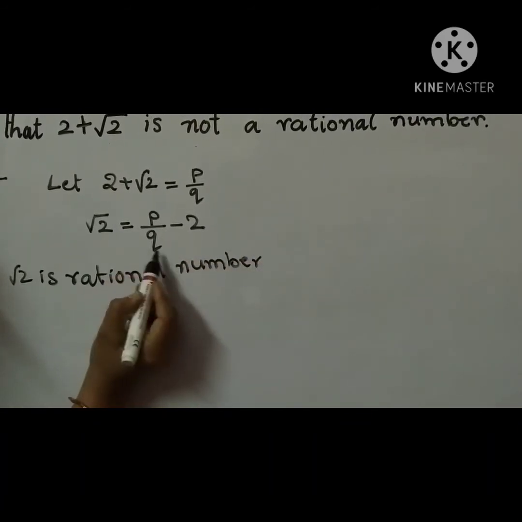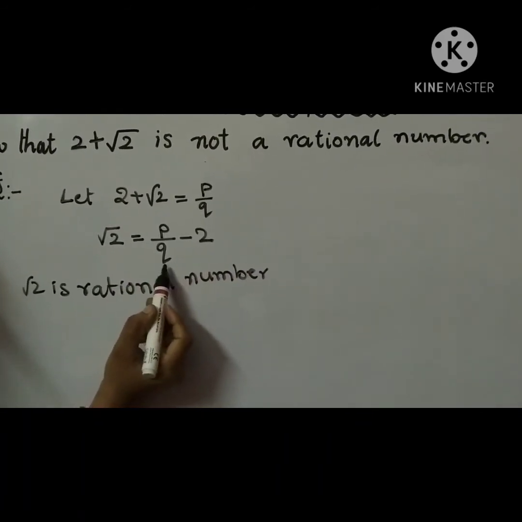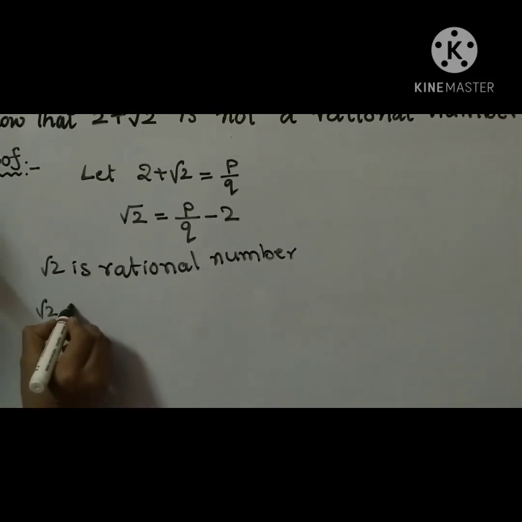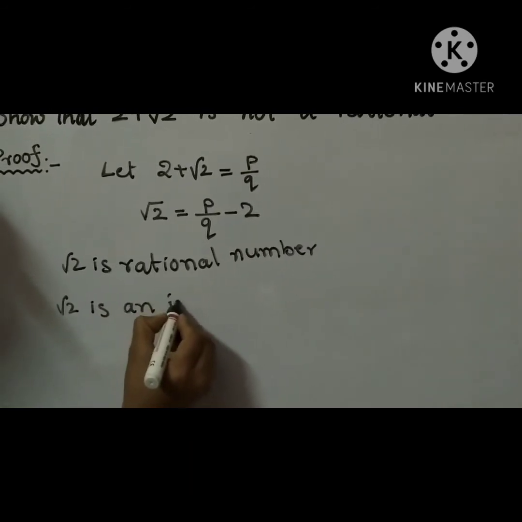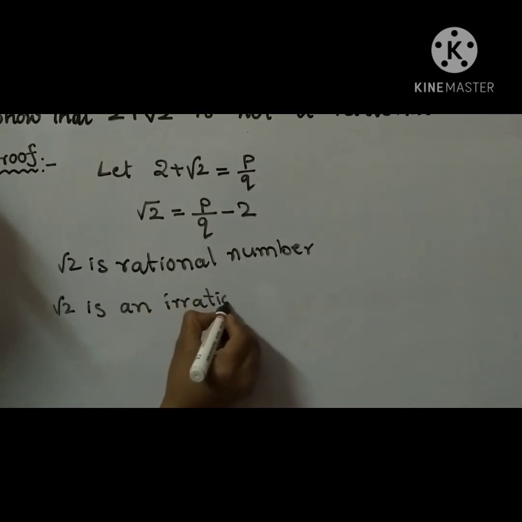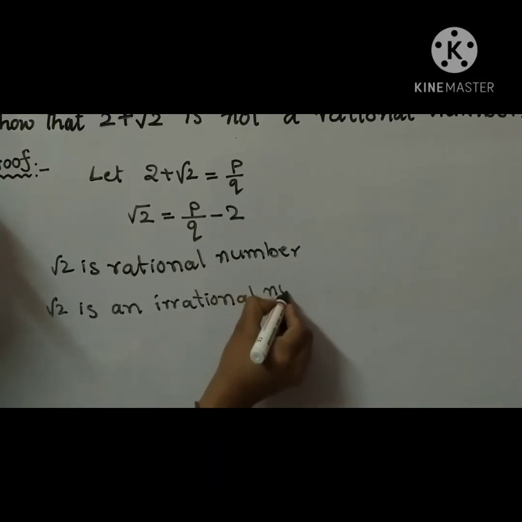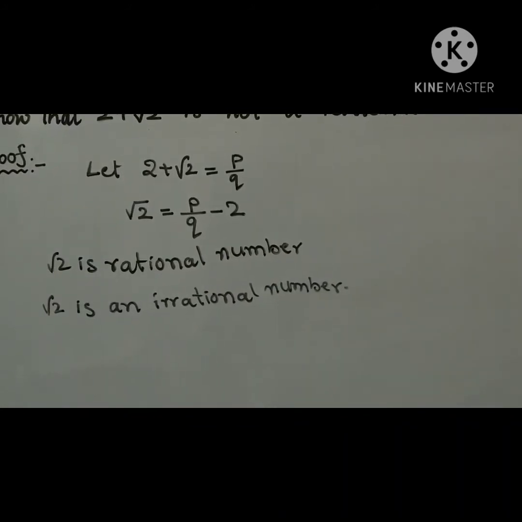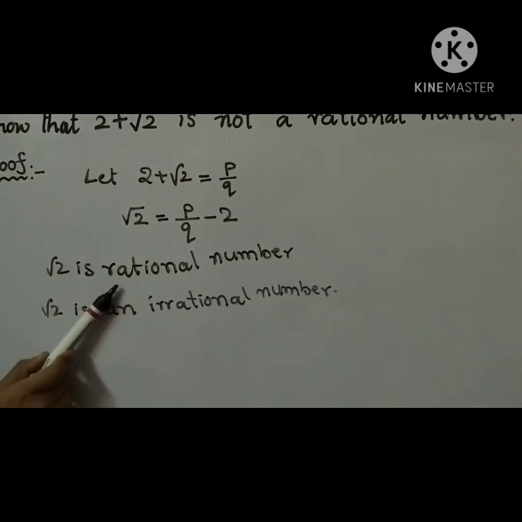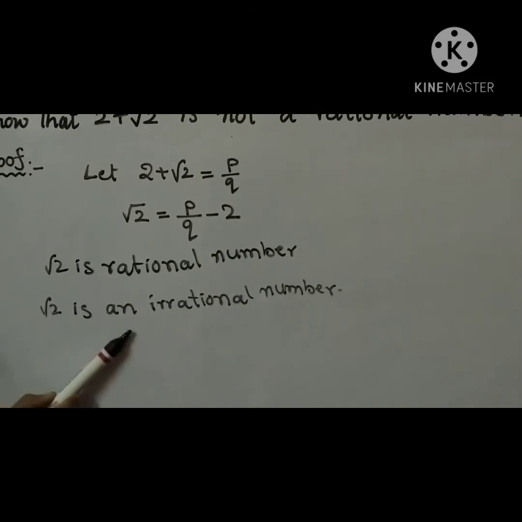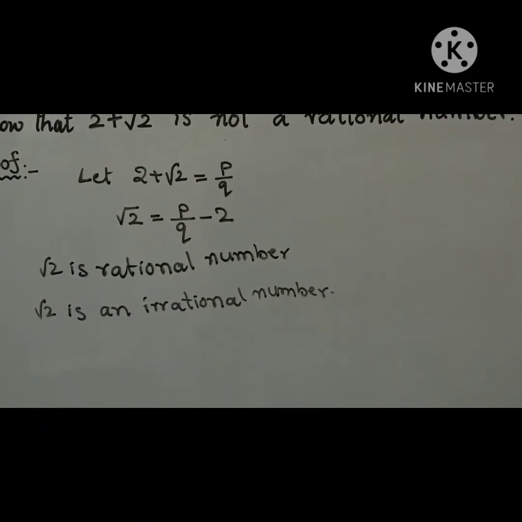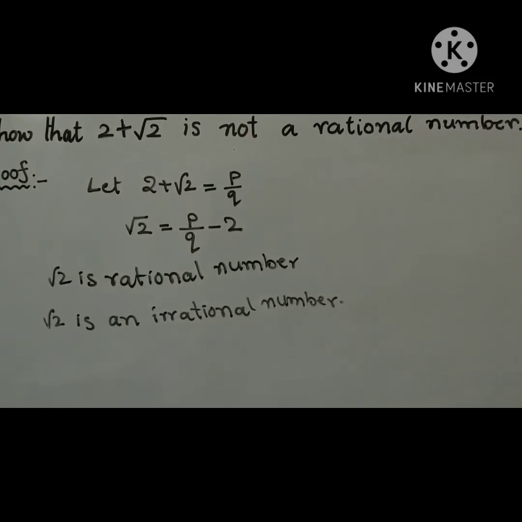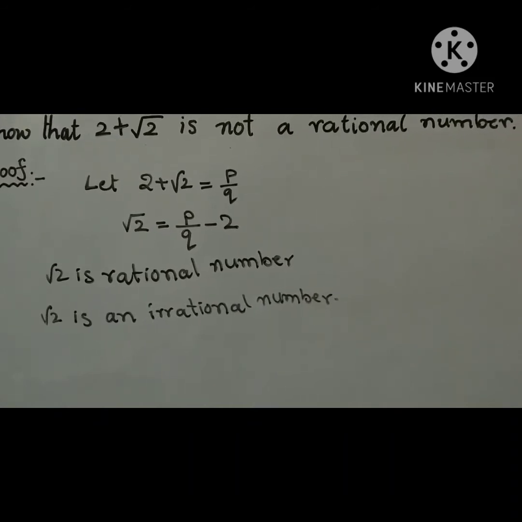But already we know that root 2 is an irrational number. Okay children, did you understand? Here root 2 is a rational number, but we know that root 2 is an irrational number, as proved in the previous problem.